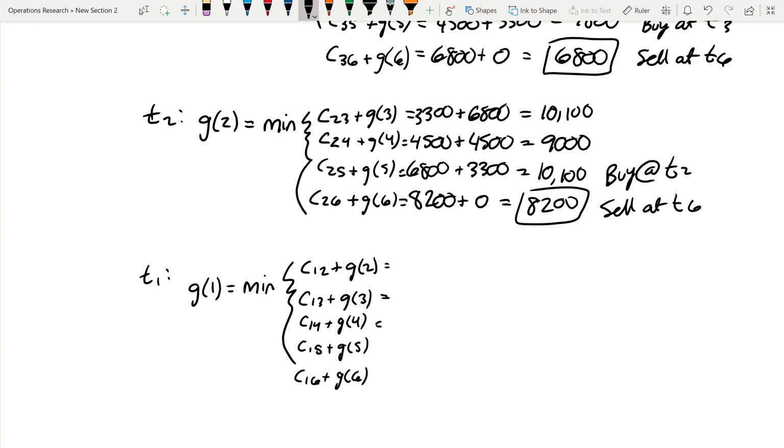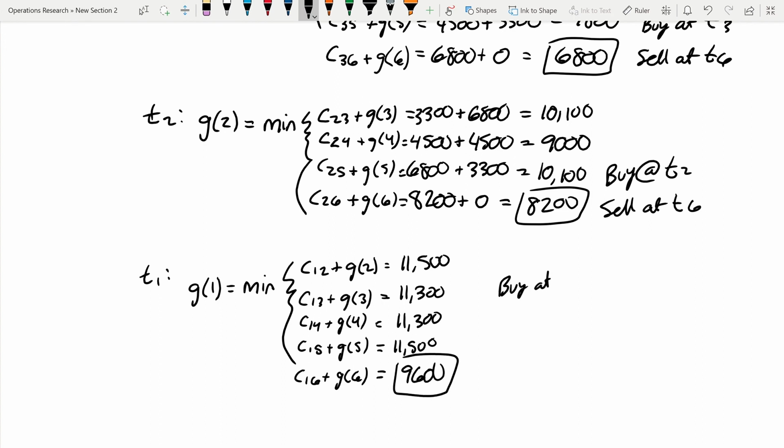And again, following the exact same computations we've been doing, I'm not going to write it out to save a little bit of time here. This is going to be 11,500, 11,300, 11,300, 11,500, or 9,600. So that's going to be our best option. So we can say that if we buy at time 1, we should sell at time 6.